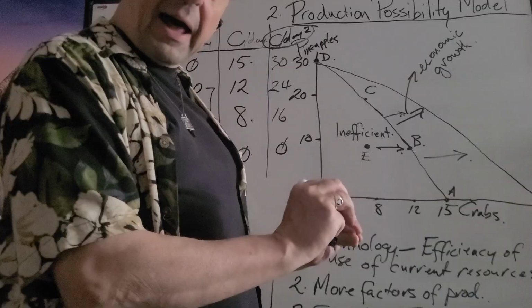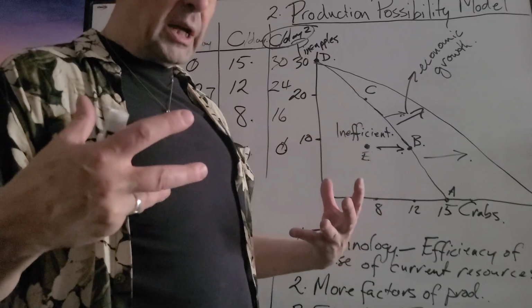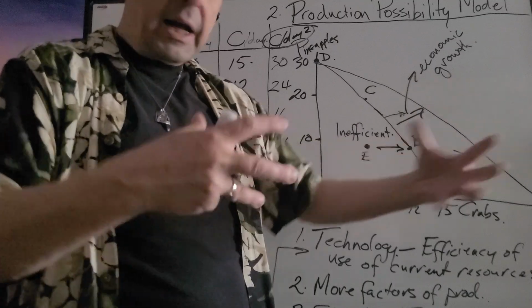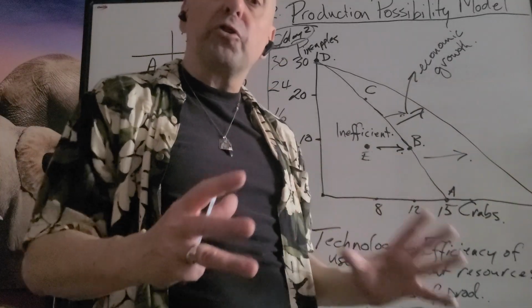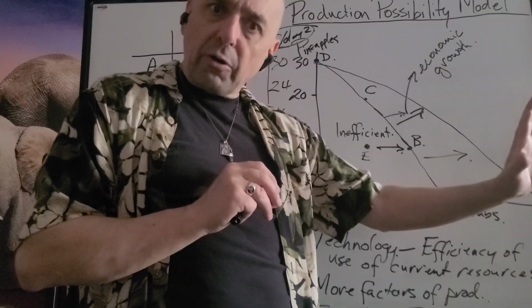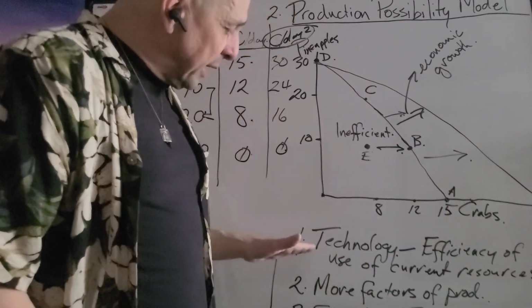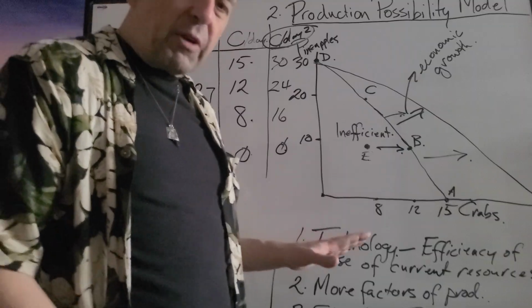It could be that, but it could also just be a way of operating, of reorganizing a shop floor in order to stimulate more efficient production, to get more out of the labor that you have. And that's really what we're going to be talking about when we talk about technology.